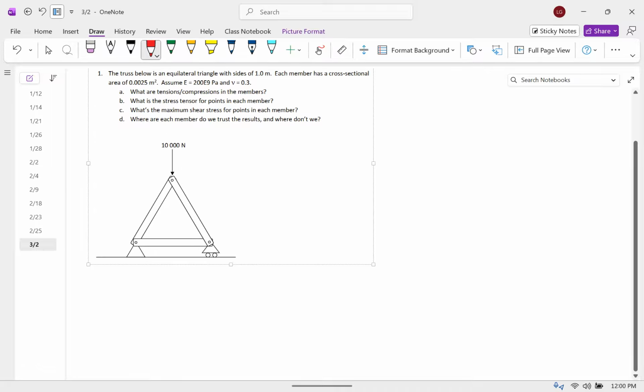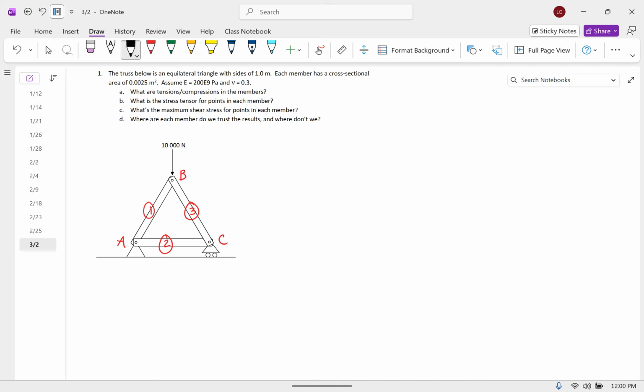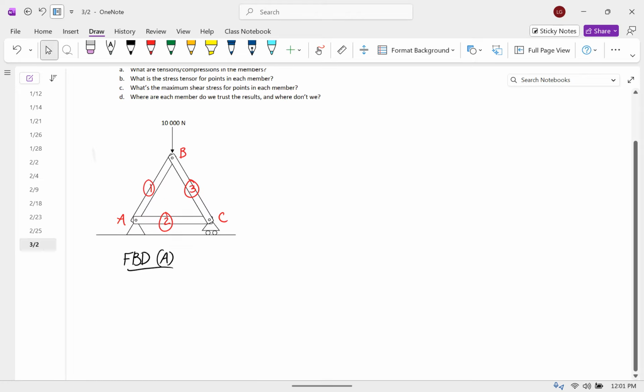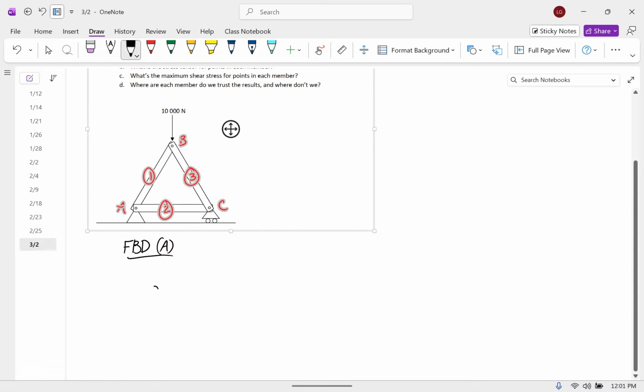And I'm going to call it members 1, 2, 3, A, B, C for the joints. So I'll start with A. So here's the pin.